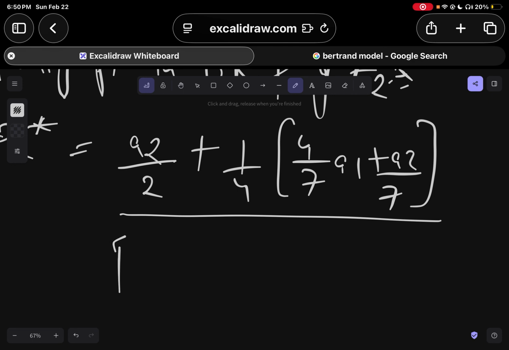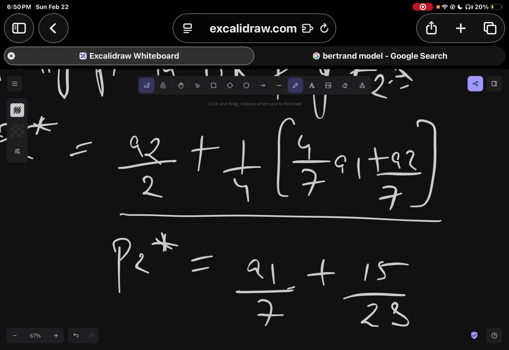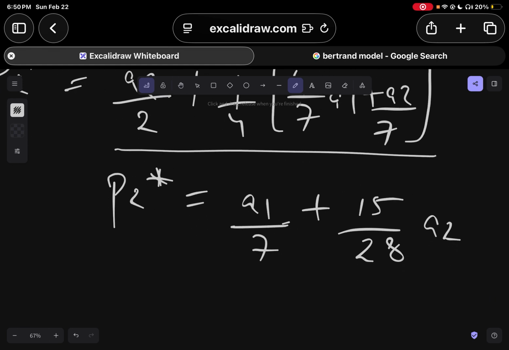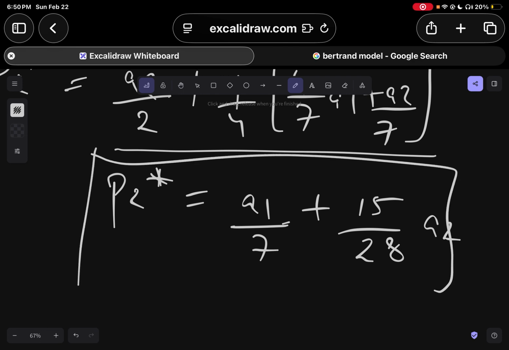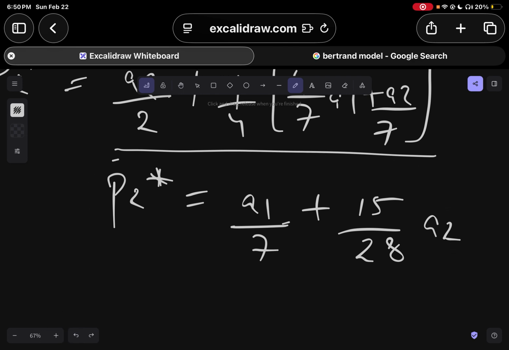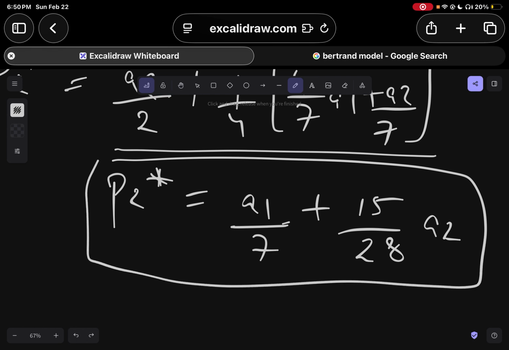This will be P2 star, which is equal to A1 upon 7 plus 15 upon 28 A2. I cut through many steps in between, but this is the value which will eventually come for P2 star.